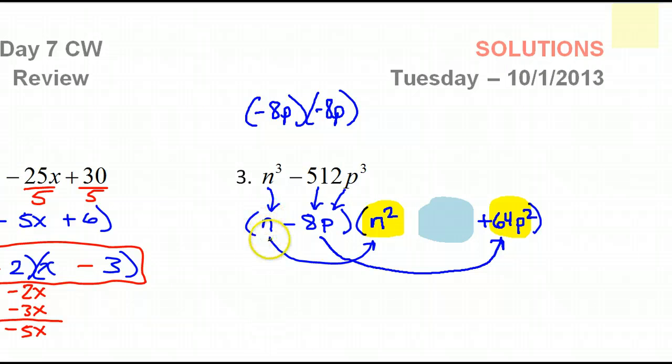Okay, so you just take each term of the binomial and you square it, and that gives you the beginning and the end. Now the middle term, you get that by multiplying these two together. So I'm going to multiply the two terms of the binomial, but then I'm going to do the opposite sign.